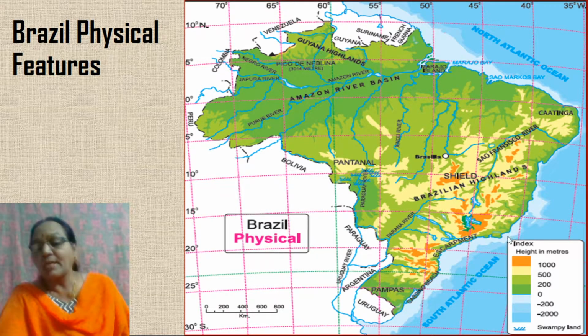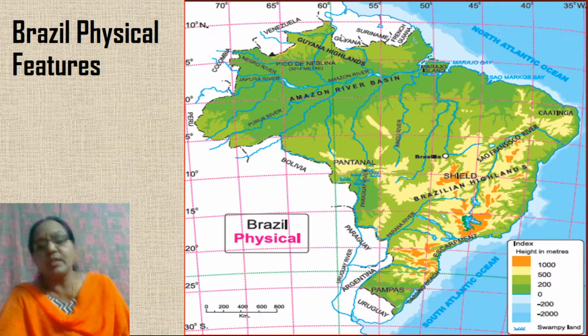The maximum height in the Brazilian highlands is 1000 meters, and the other hills, mountain ranges, and plateaus have a maximum height of between 500 and 1000 meters. The highest peak in Brazil is Pico de Neblina, about 3114 meters, at the border between Venezuela and Brazil.